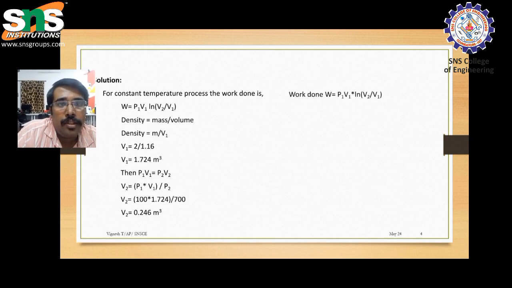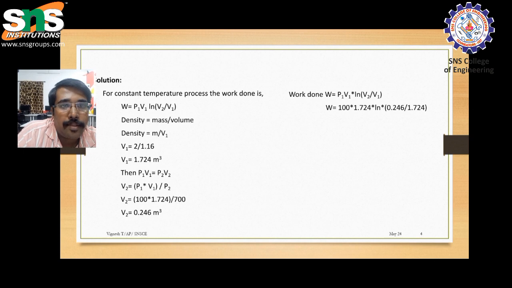Now substitute these values in the work done formula. P1 V1 ln V2 by V1. Here V1 has been found as 1.724 meter cube, V2 is 0.246 meter cube. Already pressure has been given, that is 100 kilonewton per meter square. So substitute all these values in the equation, you get the work done value.